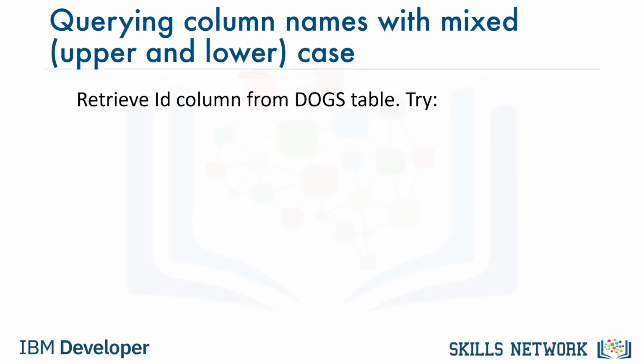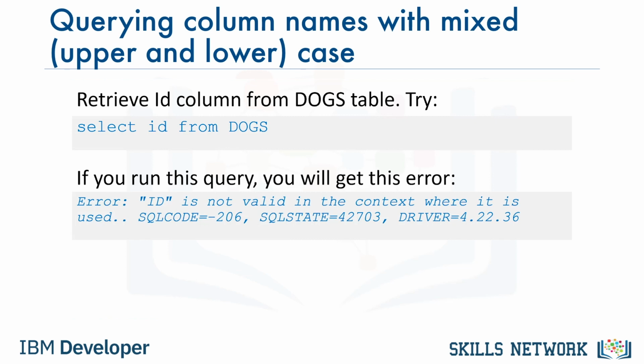Now, let's talk about querying column names that are lower or mixed case, that is, a combination of upper and lower case. Let's assume we loaded the dogs.csv file using the default column names from the CSV. If we try to retrieve the contents of the ID column using the query select lowercase id from dogs, we'll get an error, as shown, indicating the ID is not valid.